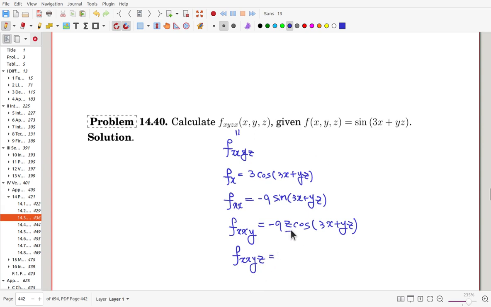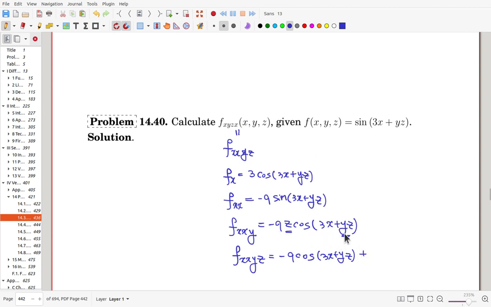Now, for z, we have two appearances, so we have to use the product rule. Along with this one, now minus 9 cosine of 3x plus yz. And for that one, it will be changed into a minus sign, so this negative will disappear. So it changes into positive.